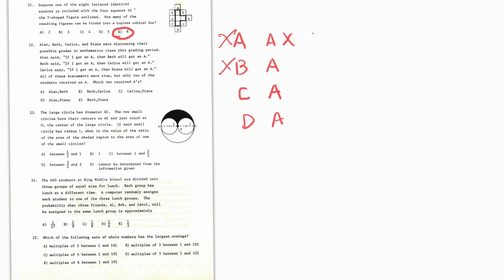So only Carlos and Diana get the A. Carlos said if he gets the A, then Diana will get the A. So Carlos and Diana both get the A. So the answer is C.